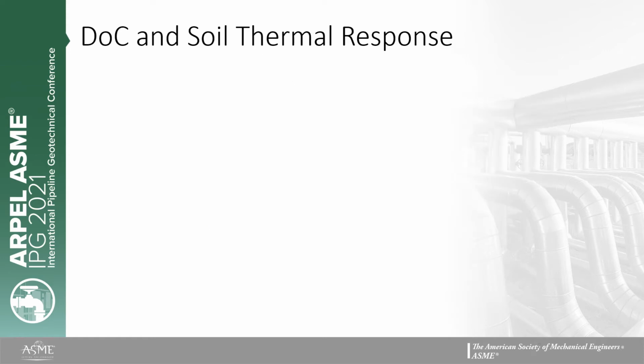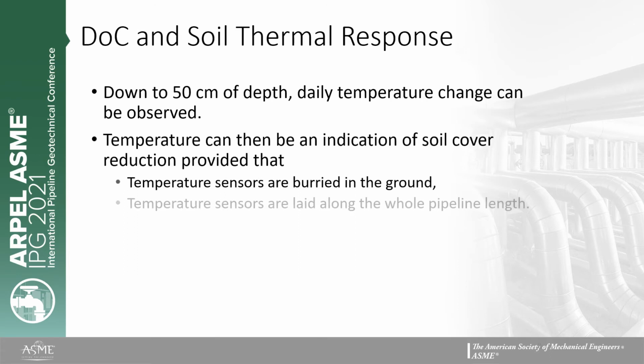So that has some impact. We want to catch any temperature change on a daily basis or faster, and that would require temperature sensors buried in the ground over the whole pipeline length.